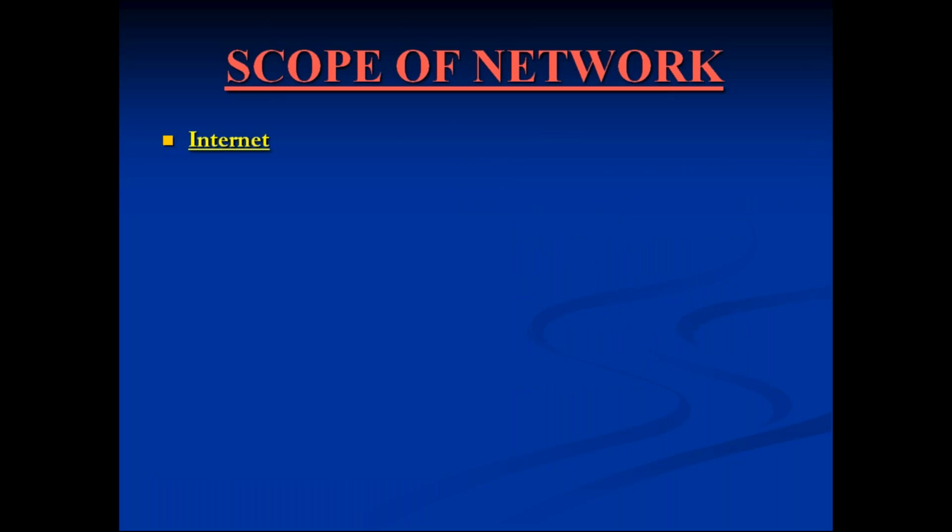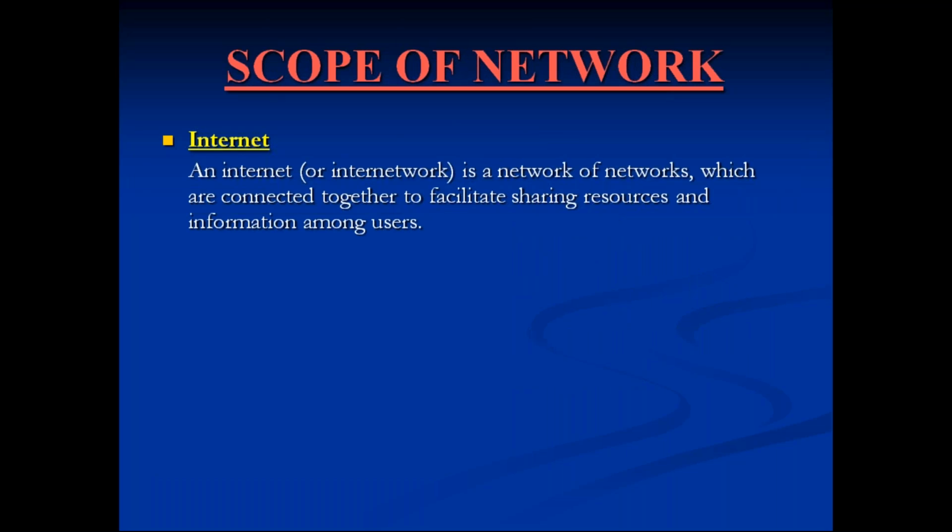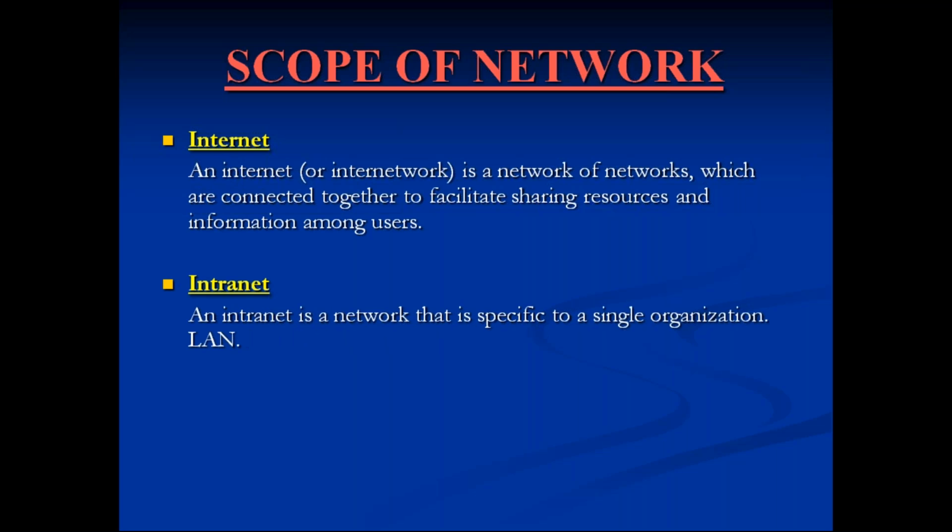See, scope of networks: internet. Internet, everybody knows it is a network. Thousands of networks can communicate with internet, which are connected together to facilitate sharing resources and information among users. Intranet, what in our companies? An intranet is a network that is specific to a single organization.